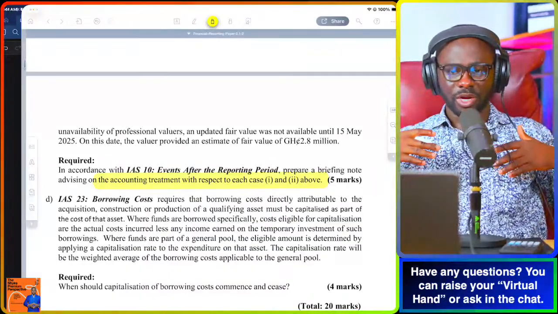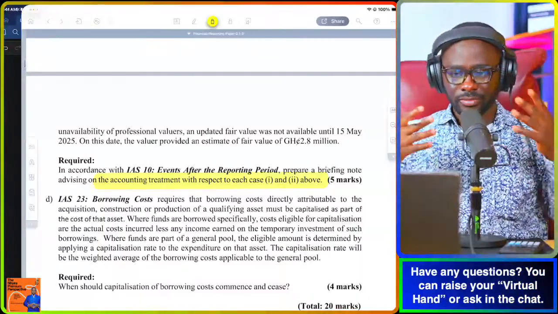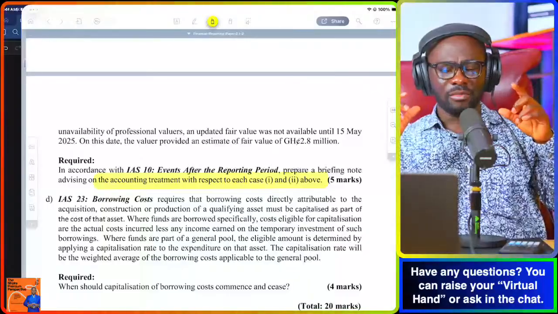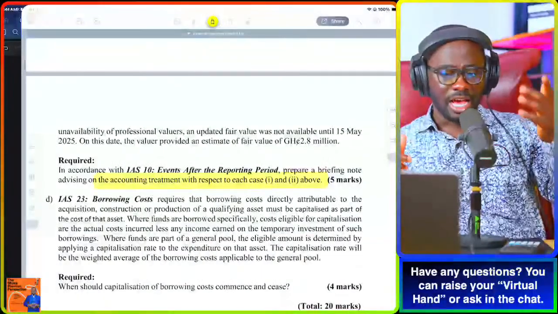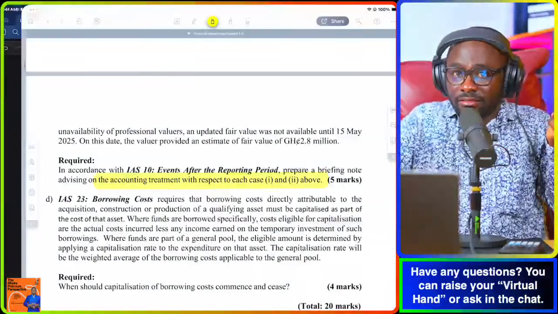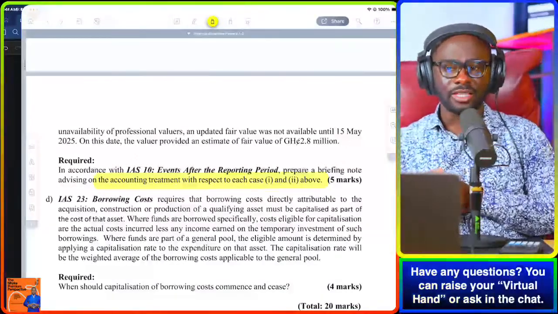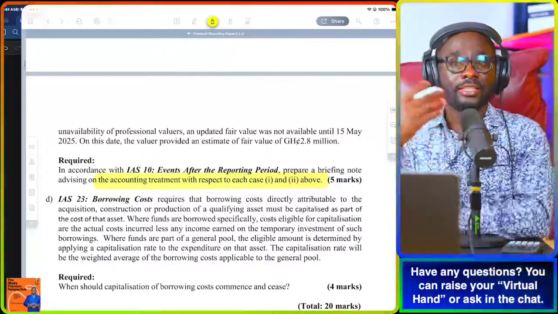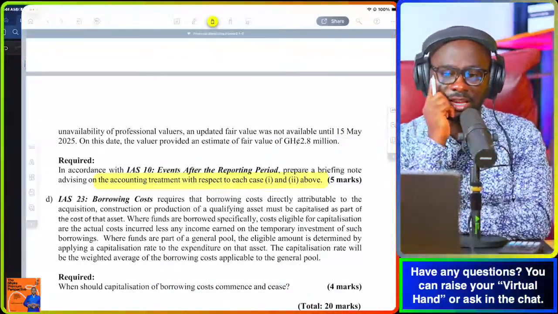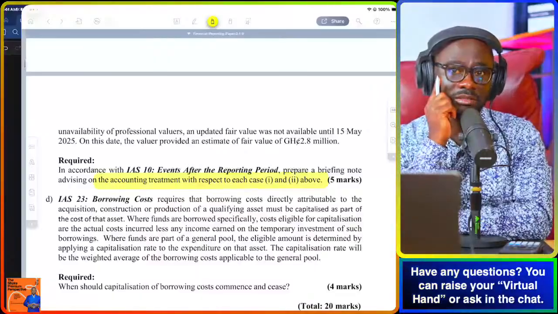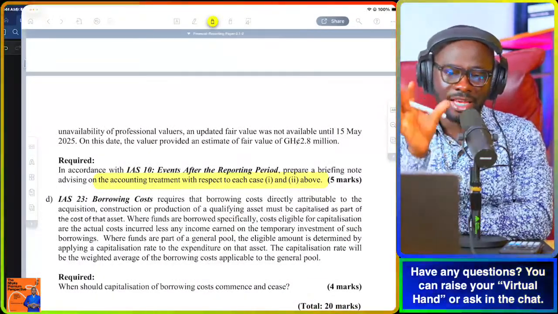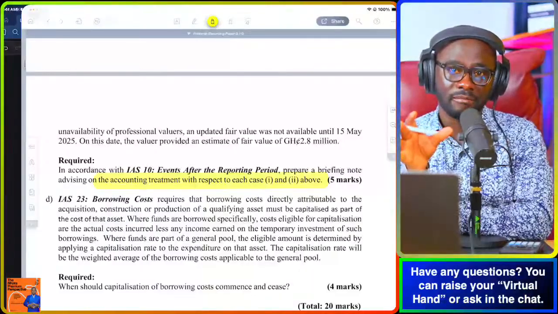But if the subsequent event is not giving us additional information about something that had existed at the reporting date, then it is a non-adjusting event. And where the entity considers the event to be material, then a disclosure would have to be made in the notes to the financial statement. Easy peasy. That's IAS 10, events after the reporting period.